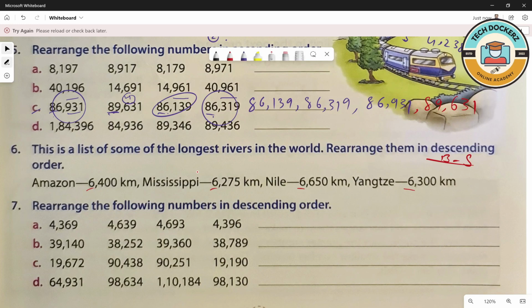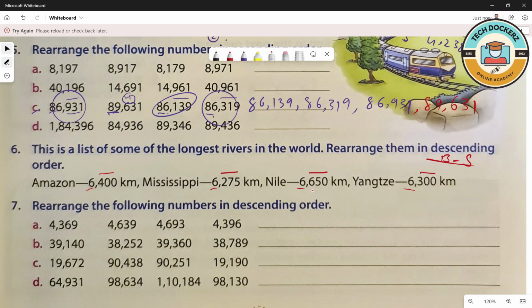So we cannot tell which number is smaller and which is greater, because all the numbers start with 6000. So let's move to the ones period. The first number starts with 400, the next with 200, the next with 600, and the next with 300, and we are arranging in descending order, which is biggest to smallest. So which number do we pick here?